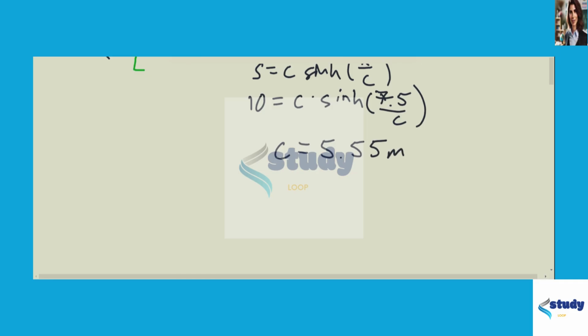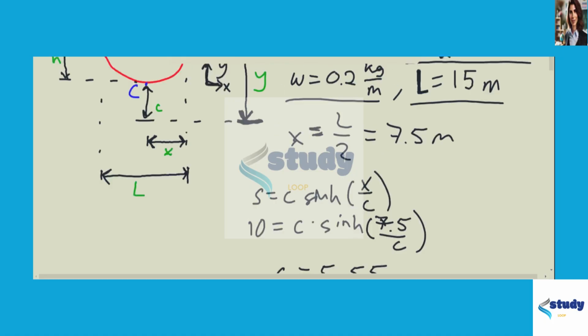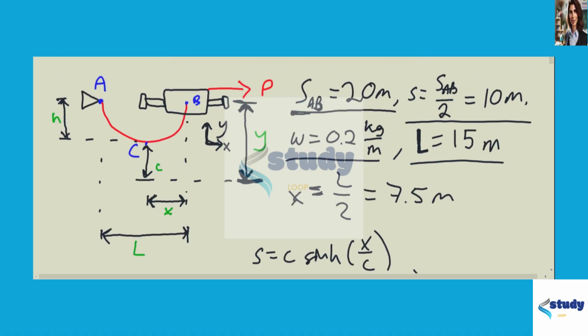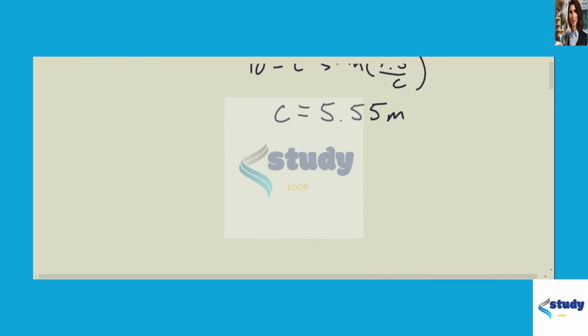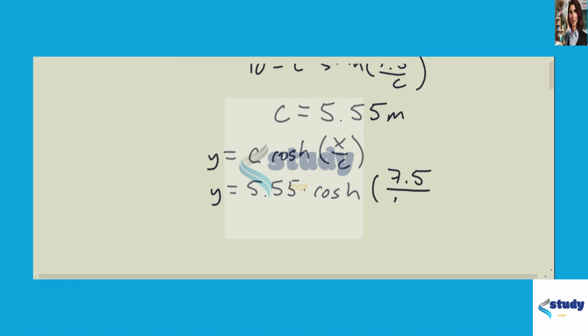Now that we know the value for C, we can use this to find Y. Y is the distance between, Y is H plus C. So Y is equal to C times hyperbolic cosine of X over C. Plugging in what we know, we get Y is equal to 5.55 times hyperbolic cosine of 7.5 for X over 5.55.